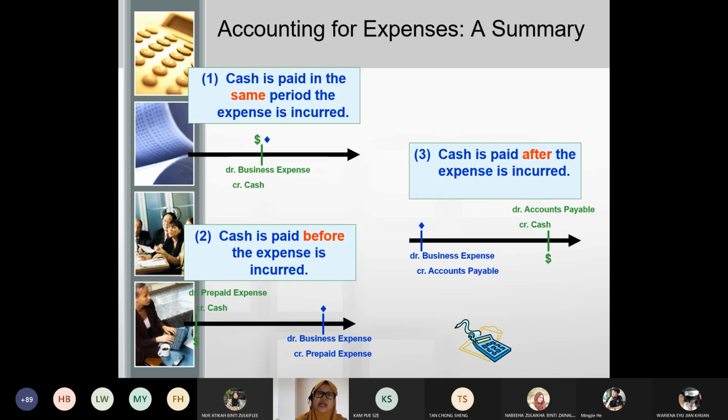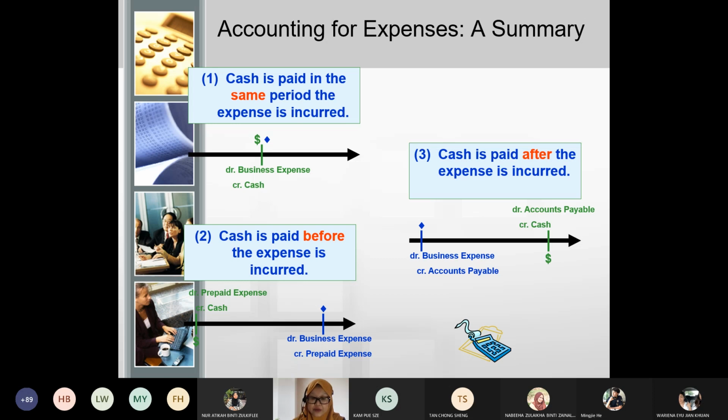All right, in the case of expenses, it is the same. In expenses there will also be three situations: cash paid in the same period, cash paid in advance, and cash paid later.